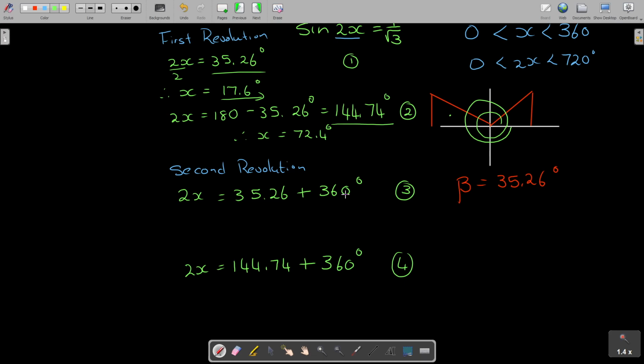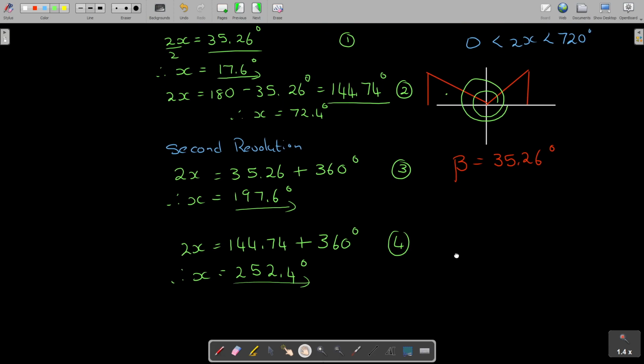This one, after I add, I divide by 2, and therefore x is 197.6 degrees. And this one, after I add, I divide by 2, and x is equal to 252.4 degrees.